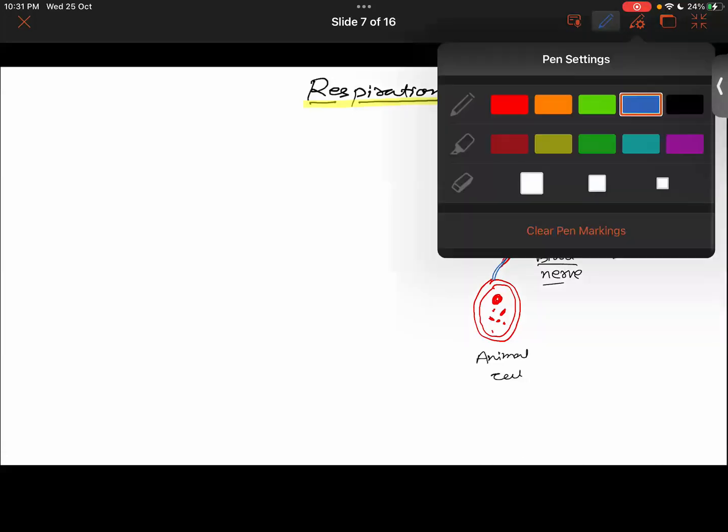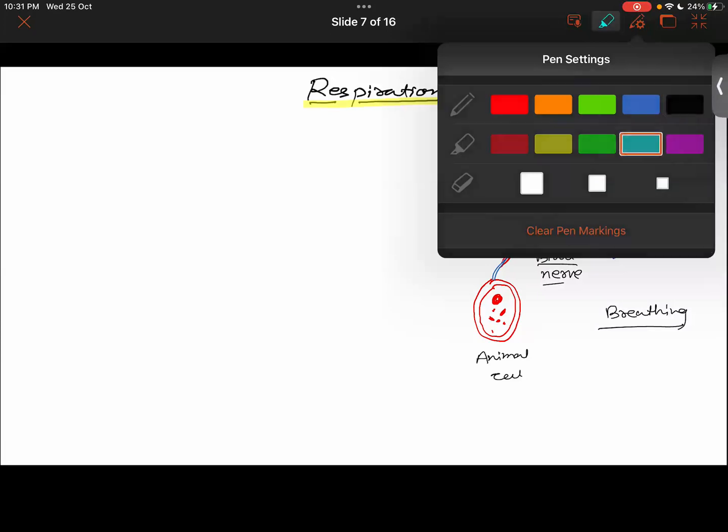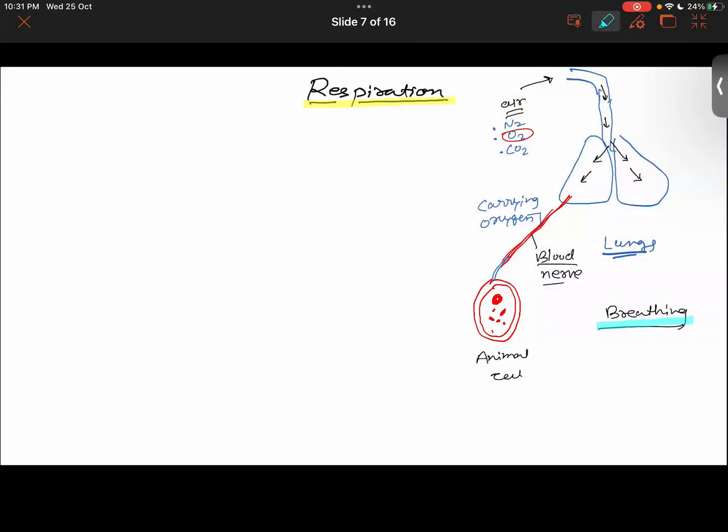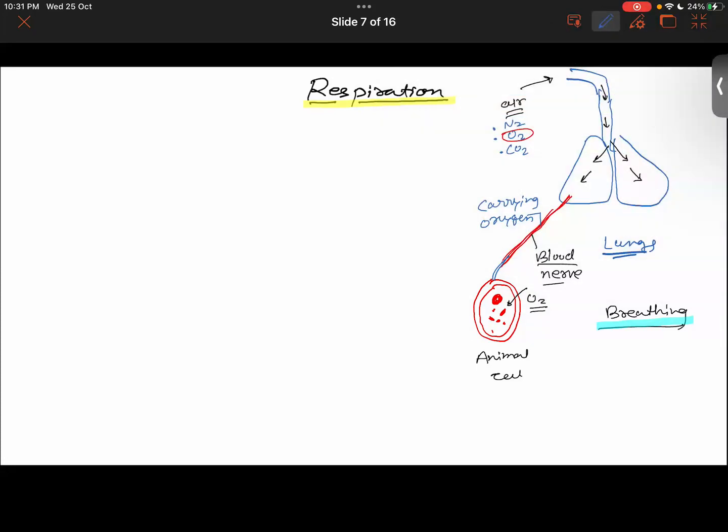And all this exercise is happening due to the breathing, right? In breathing we inhale the oxygen. Now the question here is, for what purpose do the cells require oxygen? Can you explain that?